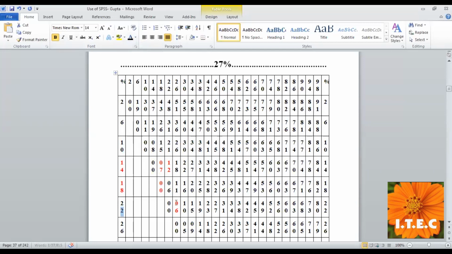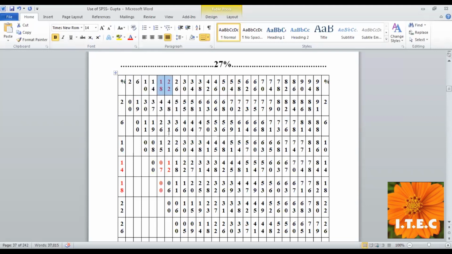So 16 will be here, and for 20, here also this is 14, then I should take that 20 will be 18 and 22.